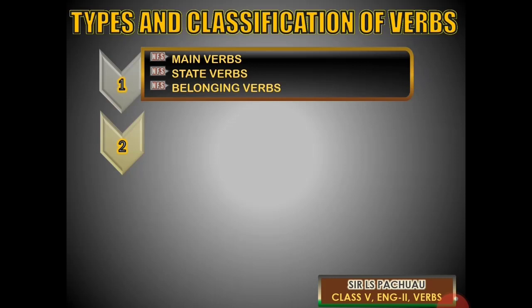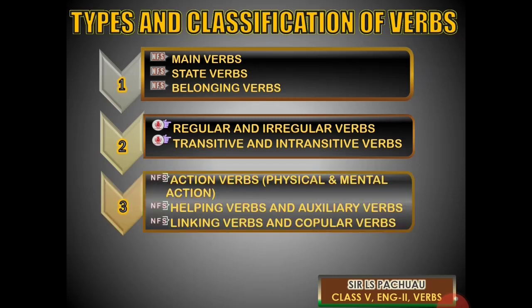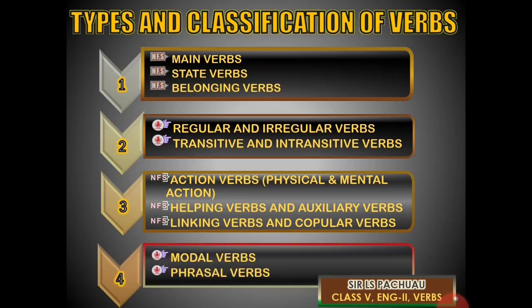We also have regular and irregular verbs, transitive and intransitive verbs, and action verbs, which are physical and mental action. Then there are helping verbs and auxiliary verbs, linking verbs and copular verbs, modal verbs, phrasal verbs, etc. There are more, but these are some of the common ones.